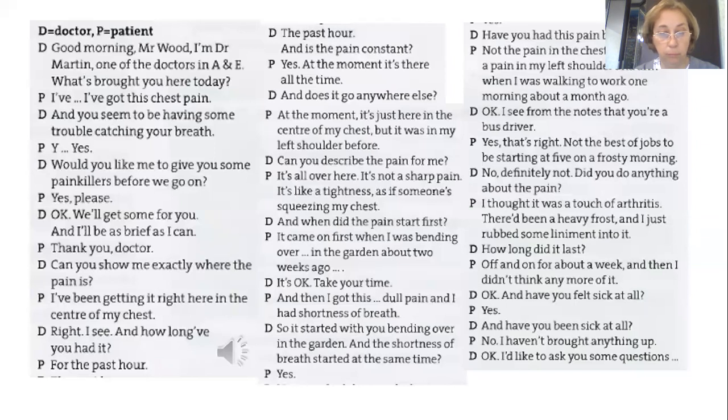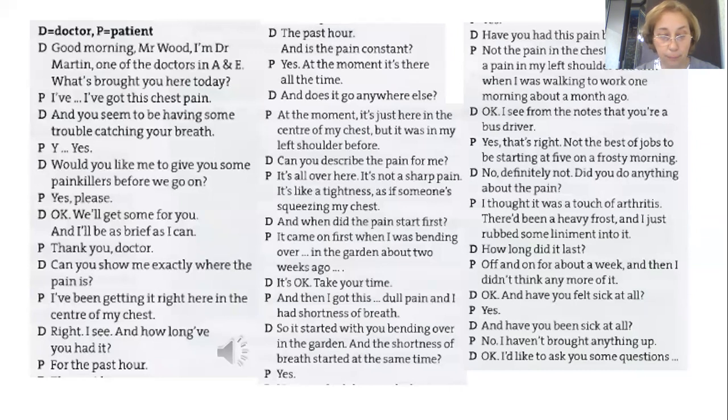And does it go anywhere else? At the moment it's just here in the centre of my chest. But it was in my left shoulder before. Can you describe the pain for me? It's all over here. It's not a sharp pain. It's like a tightness, as if someone's squeezing my chest. And when did the pain start first?